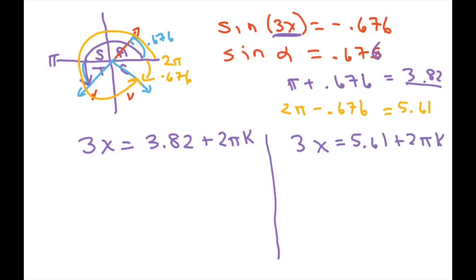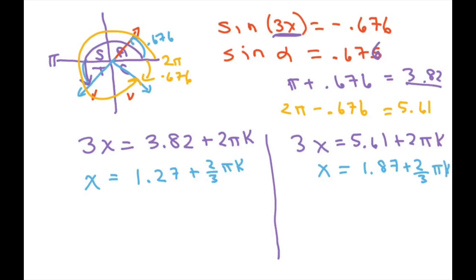I want to solve for x, so you divide everything by 3, and you get x equals 1.27 plus 2/3 pi k, and this one's going to be x equals 1.87 plus 2/3 pi k.